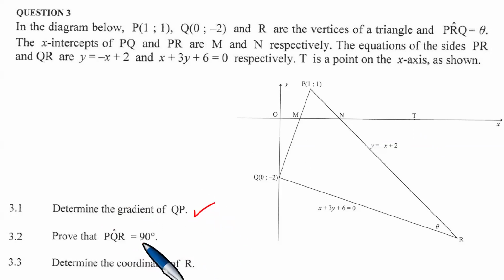How to find the gradient? We're going to discuss the concept of the gradient. I know that the gradient was done in grade 10, but in grade 11, also at matric, it really resurfaces.